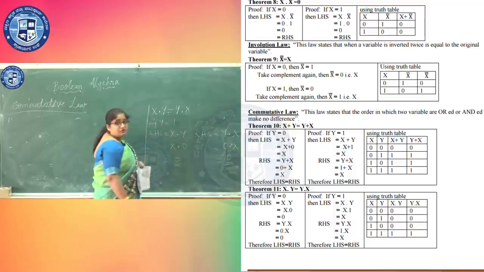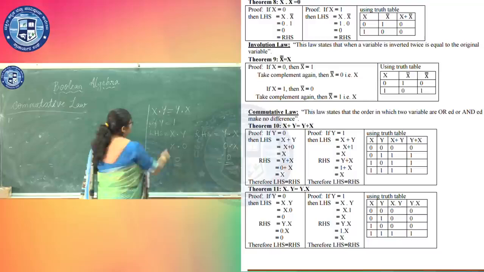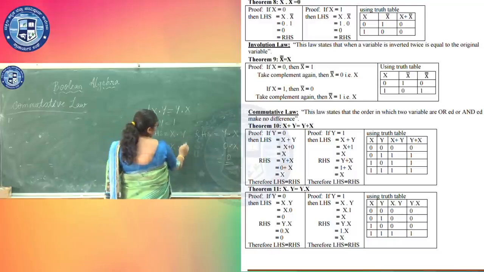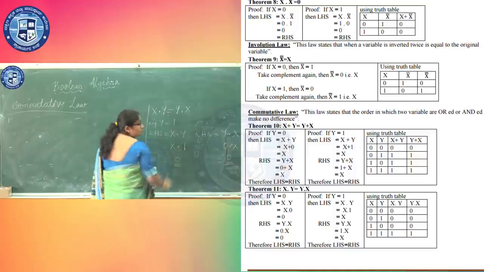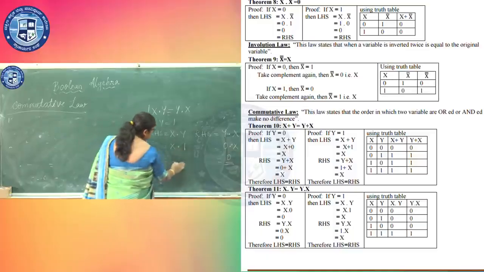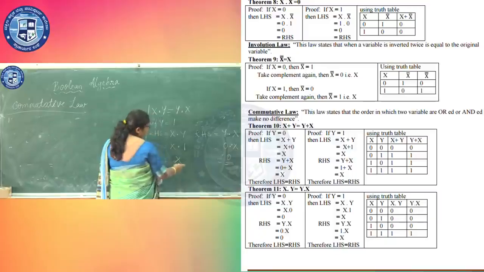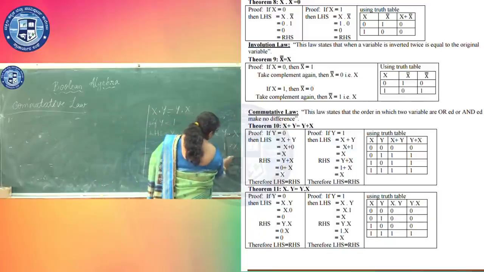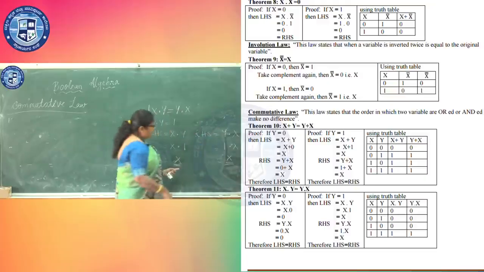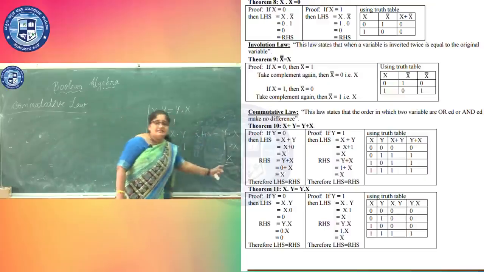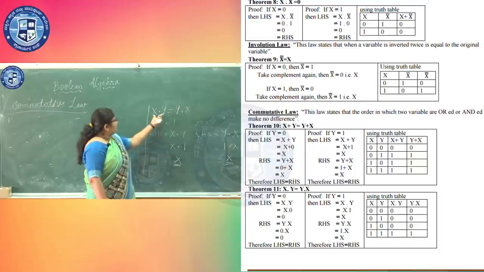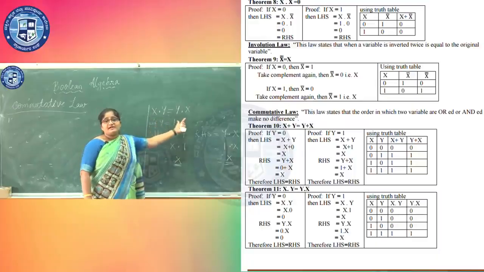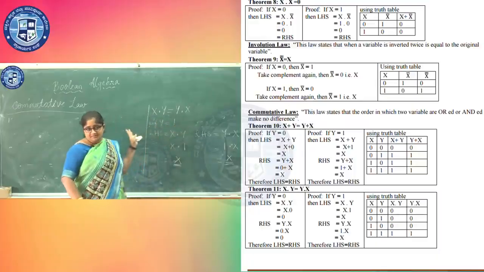If the value of y is 1, x and y is x into 1, the value is x, and 1 into x is x. We have the RHS and the LHS equal, therefore x and y or y and x doesn't make any difference.